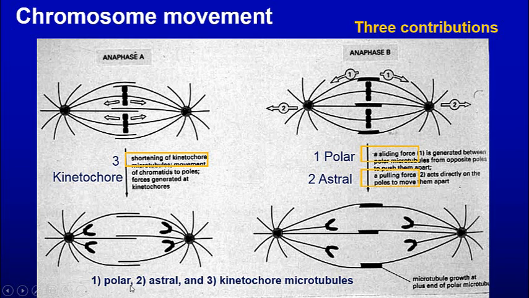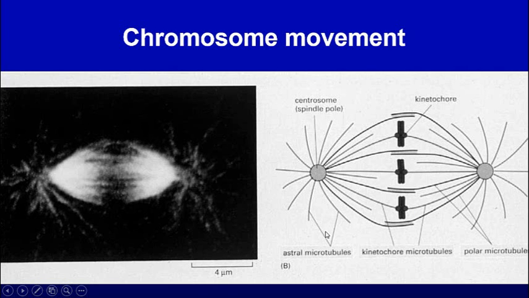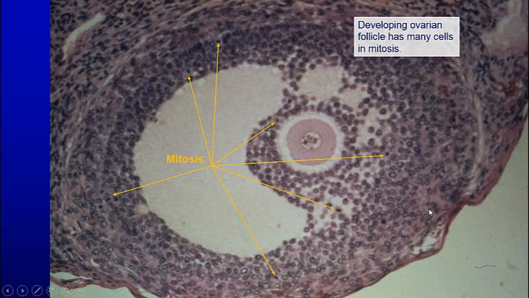You've got the polar ones pushing, aster ones pulling the poles apart, as well as kinetochore shortening, pulling the different components of the chromosomes to their respective sides. So here we see kinetochore microtubules, polar microtubules, and aster microtubules located there pulling the chromosomes apart.